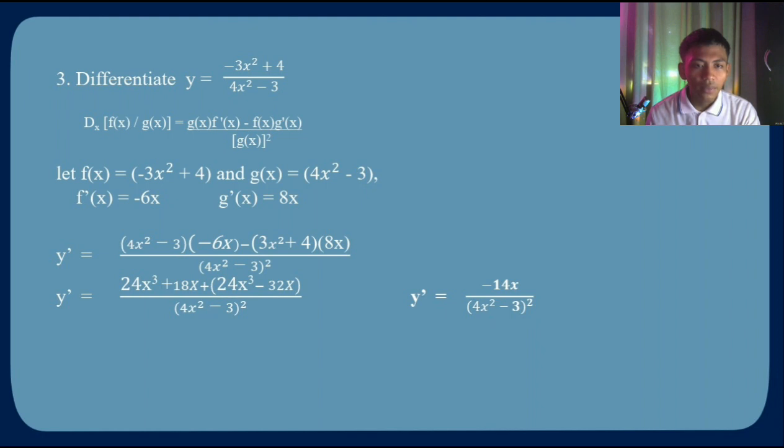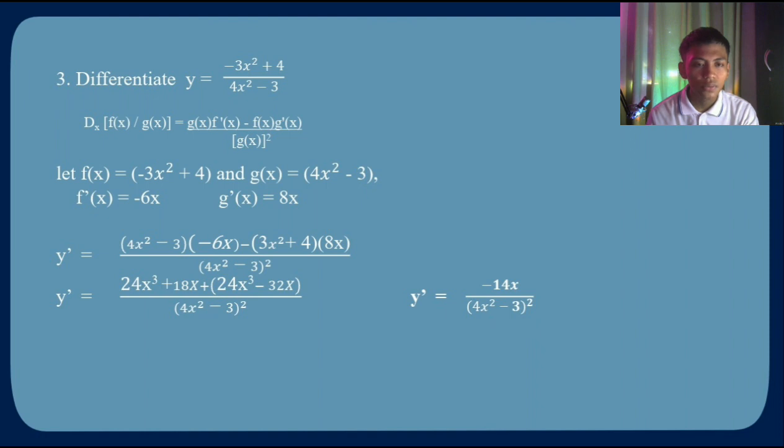We copy the formula, g of x, which is 4x squared minus 3, times the derivative of f of x, which is negative 6x, minus f of x, which is negative 3x squared plus 4, times the derivative of g of x, which is 8x, and then over the denominator, which is 4x squared minus 3 quantity squared.